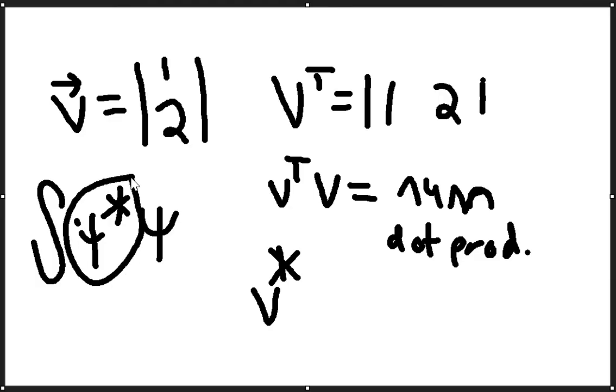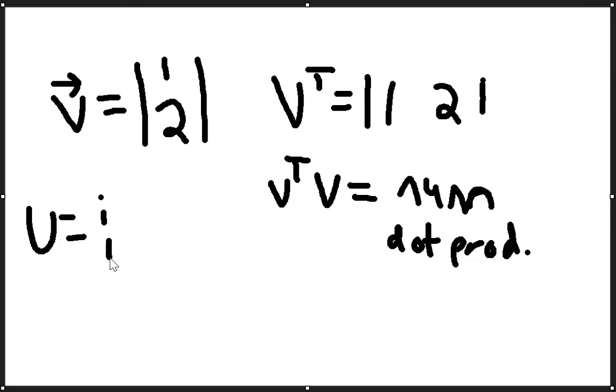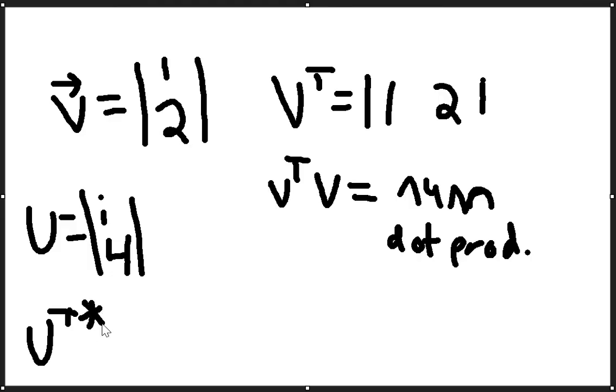Well, they come back here again as well, because we can have a transpose complex conjugate vector. Let's say that the u vector is equal to i and 4. Well, then we have to take u transpose and a star in order to do our stuff, which would be negative i, 4, and this doesn't look good.